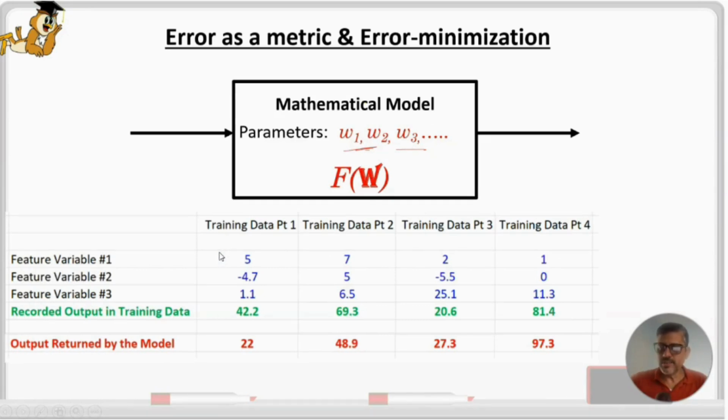I also showed you an example, and what this example said was that you had training data, and these are the feature variables. These are the feature values of the feature variables for your first training data point, for your second training data point, and so on.